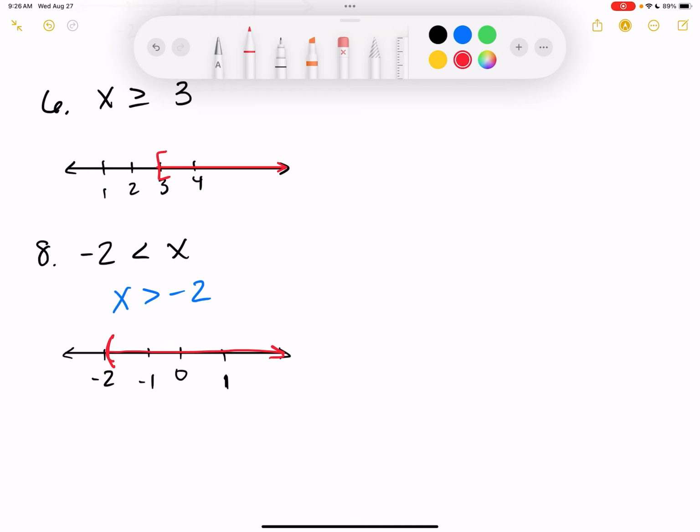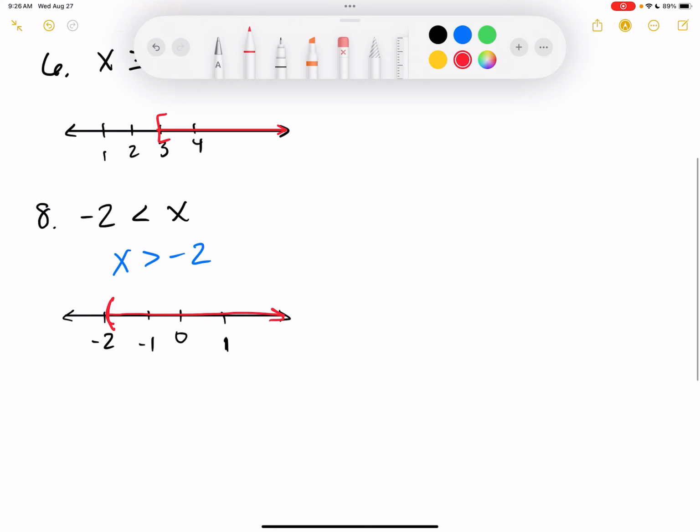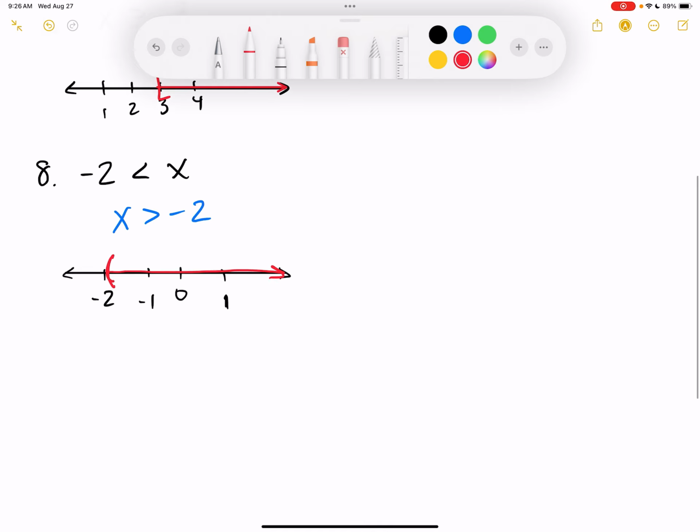The next ones, they give you a graph and they want you to write it out. I'm going to change the graph to be with parentheses and brackets rather than the closed circle and the open circle. Number 12, they give us the number line and it goes from -2 to 4.